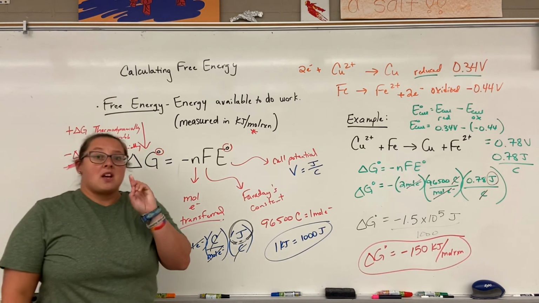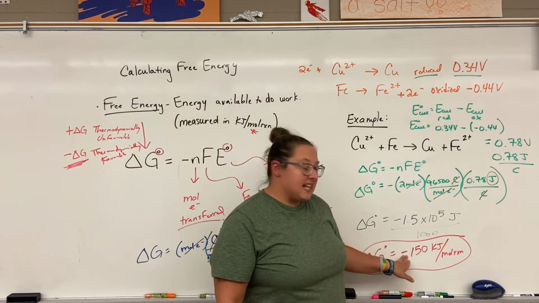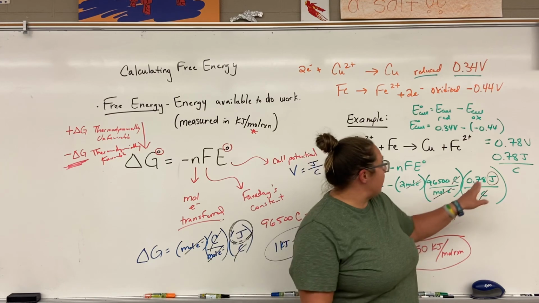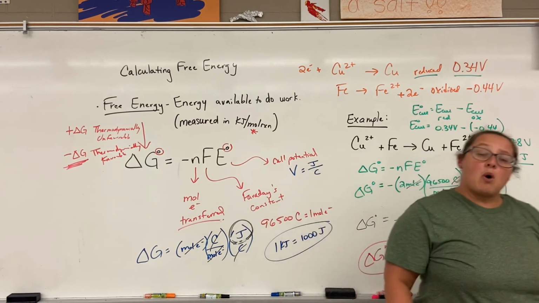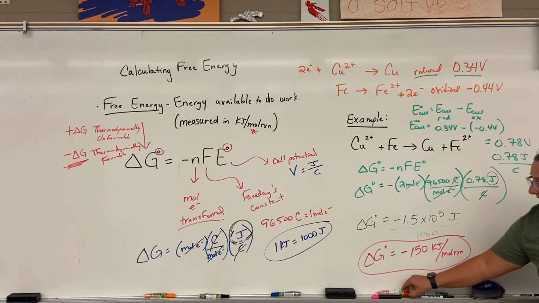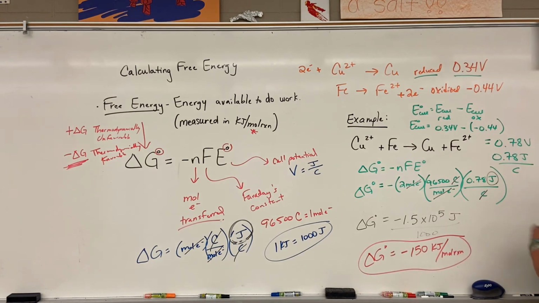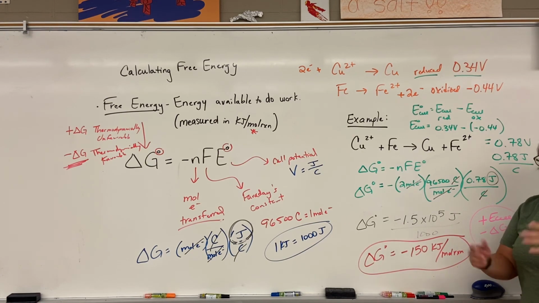And another piece of important information, because this quantity is negative and our E cell value is positive, that tells us that what we're working with here is a galvanic cell. All galvanic cells will have positive E cell values and negative delta G values. That is an important sign convention thing that you need to know. They like to ask some multiple choice questions dealing with that.